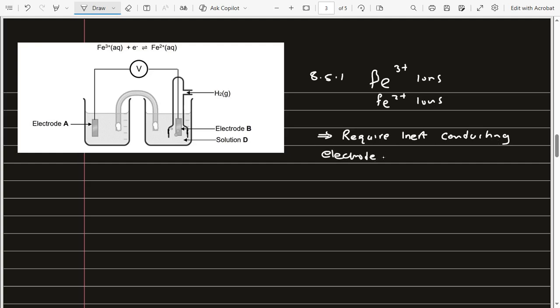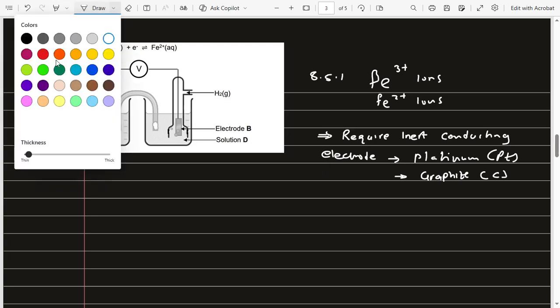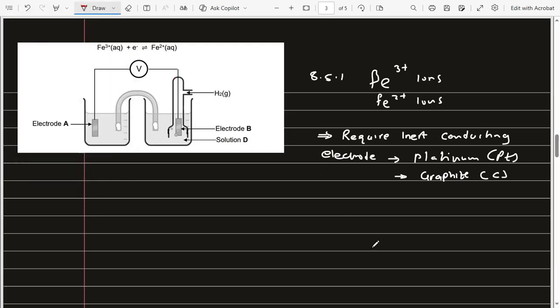Okay, so what are the inert conductors? I'm referring to platinum, Pt. I'm referring to graphite, and the formula for graphite is C. But remember, we said that this is a standard electrode potential measurement.